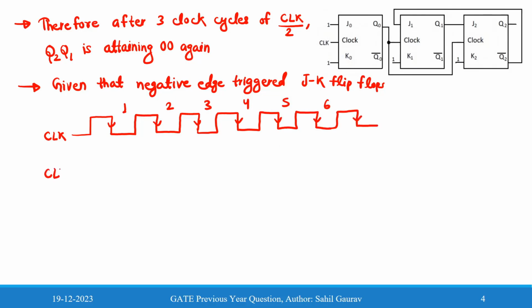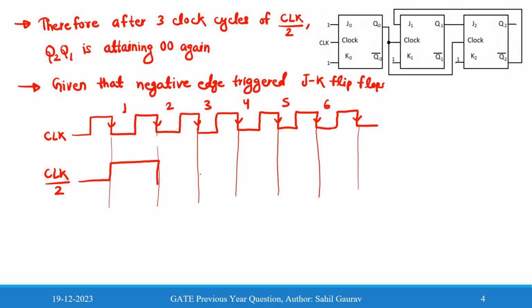So CLK divided by 2 will be like this. For it the clock pulse will be CLK divided by 2. It is negative edge triggered, so here it is Q2 Q1.